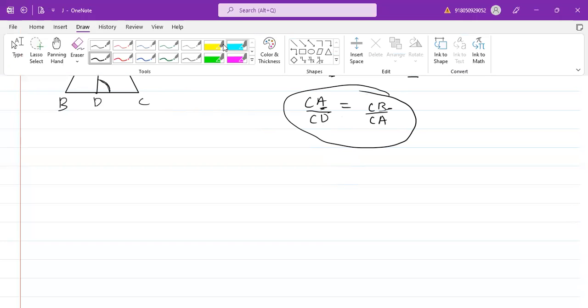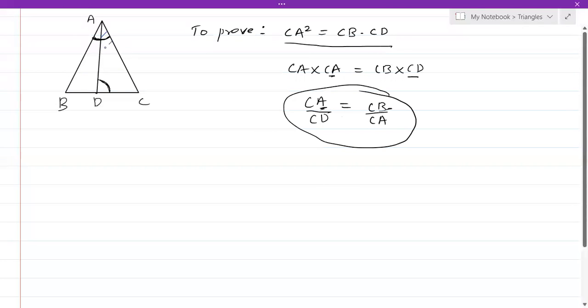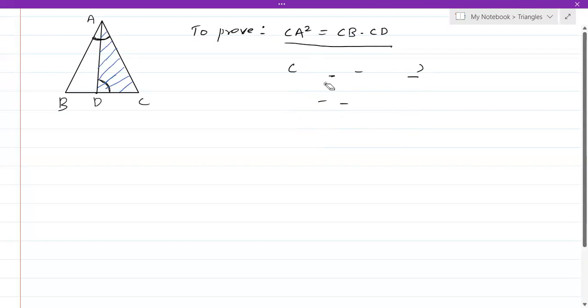Let me show that triangle. This smaller triangle ACD and the complete triangle ABC. If we prove these two triangles are similar, then we can get the required condition. So let's prove the triangles are similar.